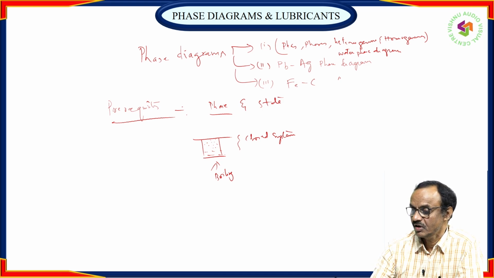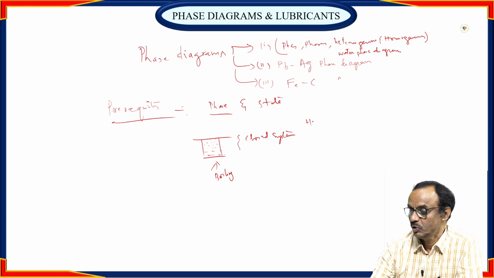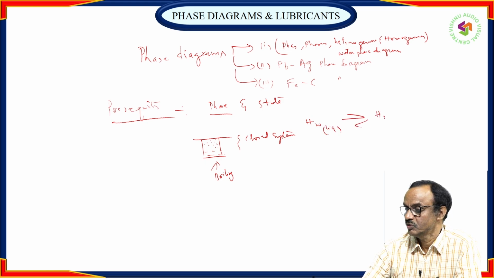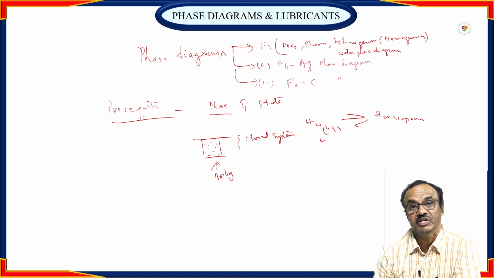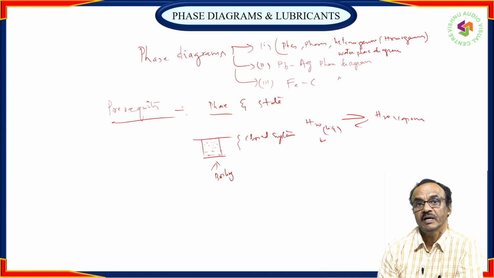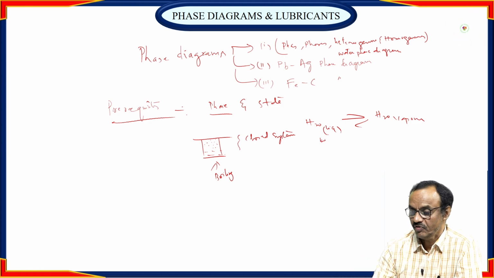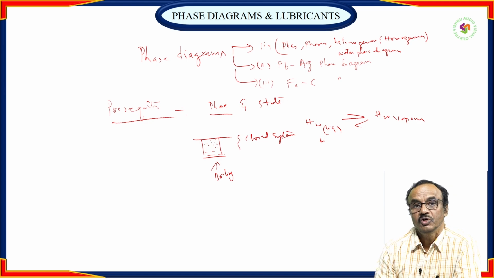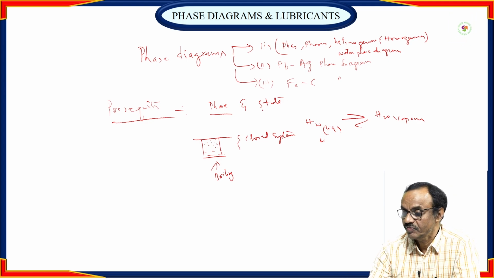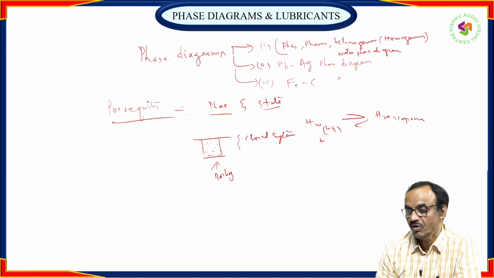So 2 conversions are there: H2O liquid converts into H2O vapor. Here matter exists in 2 forms, H2O vapor form and liquid form. So instead of calling it state, we need to call it phase.